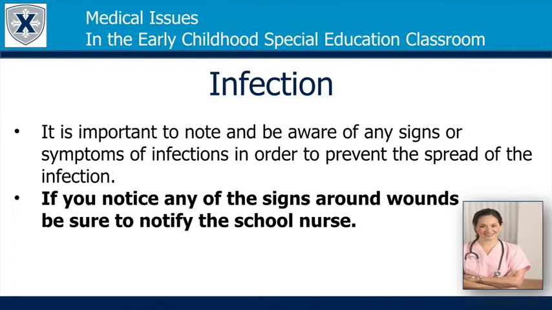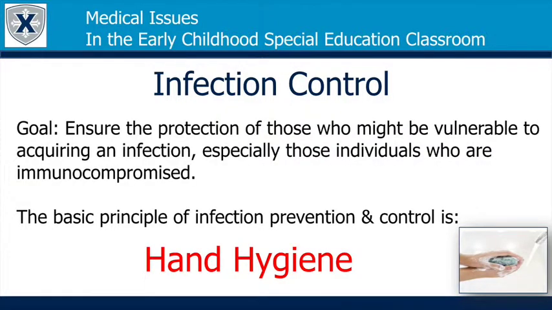It's important to be aware of these signs and symptoms because, in order to prevent the spread of infection, you'll want to take care of this right away. If you see these surrounding a wound, it's very important that you contact the school nurse. The goal is to ensure the protection of those who might be vulnerable or more susceptible to infection, including those who are immunocompromised.